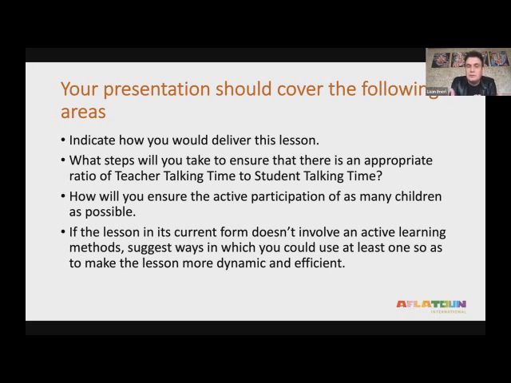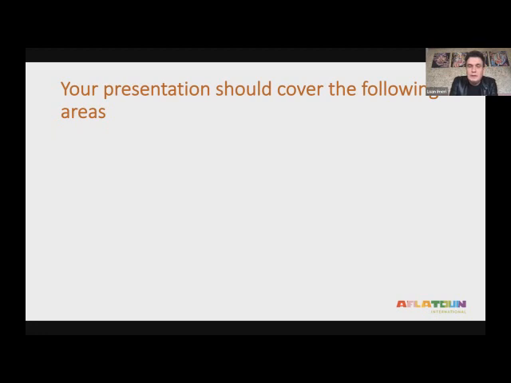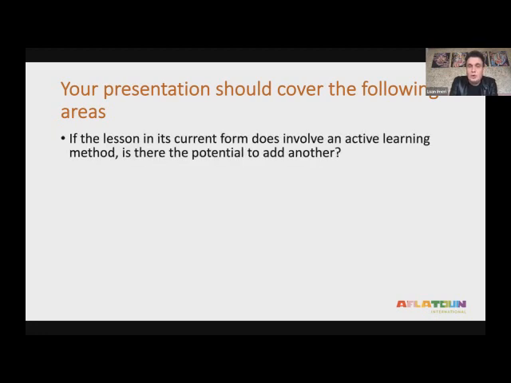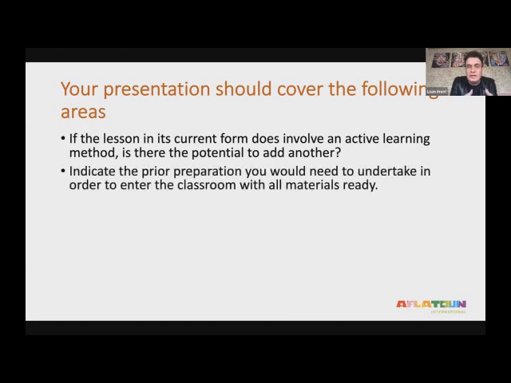For example, if the lesson already involves any active learning method, you will see if there is a potential to add another one from those that we have seen so far. So you now have the knowledge and skills to deal with the different active learning methods. And if you see the potential in this particular lesson to add something new, you will just suggest that.